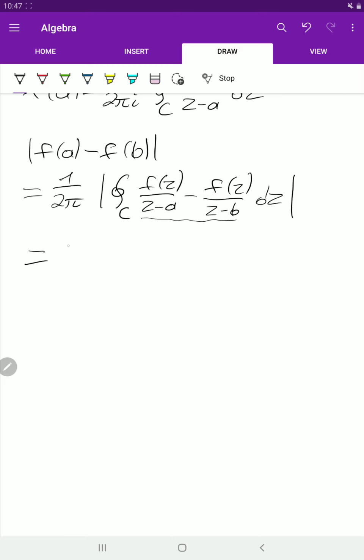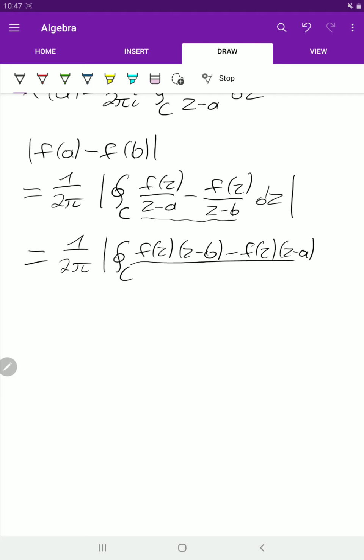Okay, and now we can simply go on, so we can write it like f of c times c minus b minus f of c times c minus a, then we divide by c minus a times c minus b.